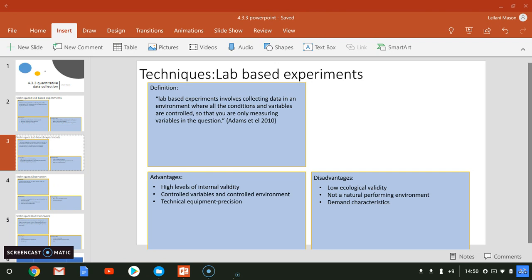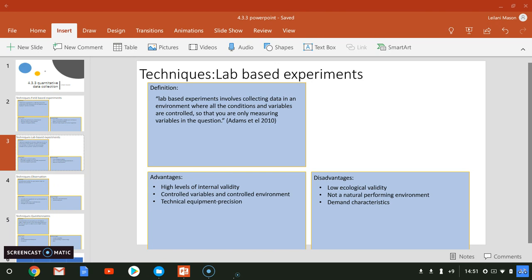Also, there's a high level of detail of the quantitative data that is produced, so that means that the results are more precise and accurate, and the statistical test analysis shows that they're easier to analyze and that the quantitative data is more objective.